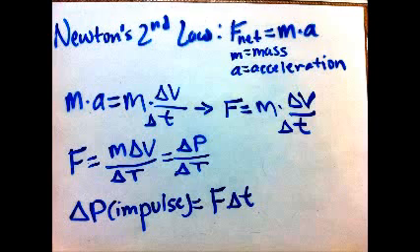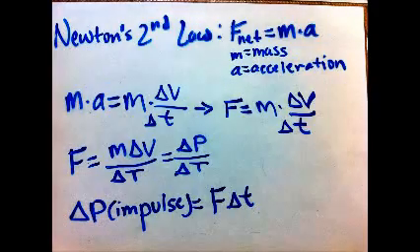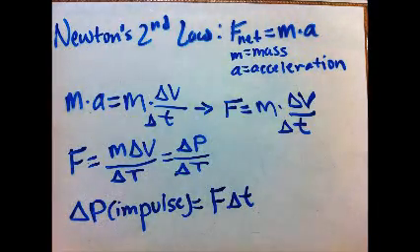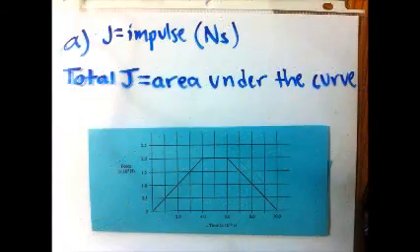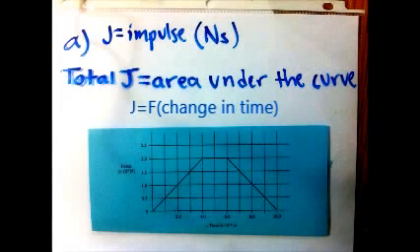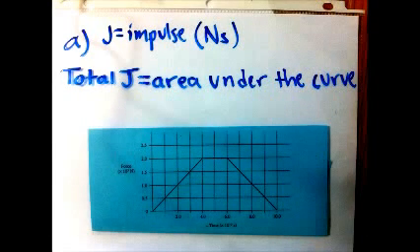And that is why on the graph we can find the total impulse by finding the area, because when you find the area you multiply the base times the height. And so with time being the base and force being the height, if we find the area under the curve, we'll be finding the total impulse of the ball.